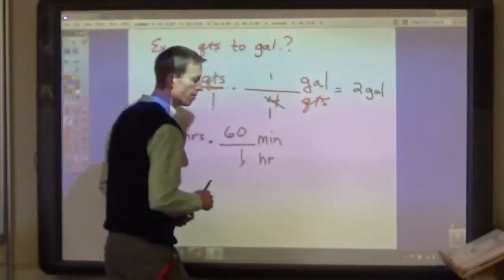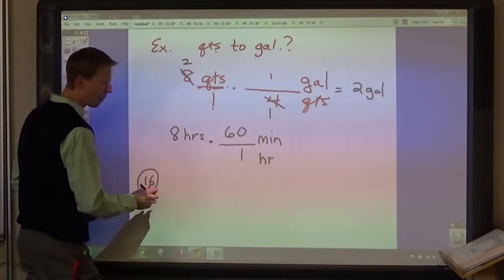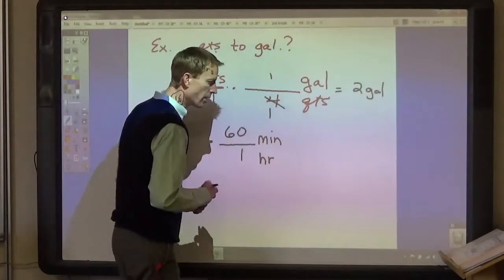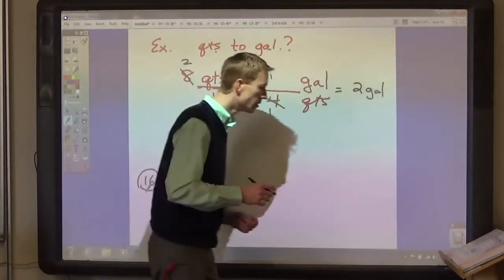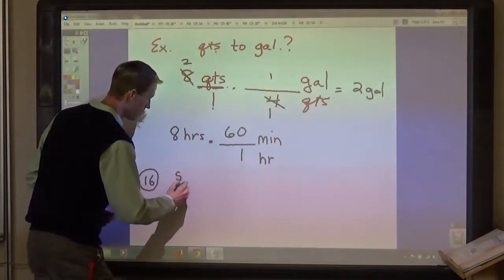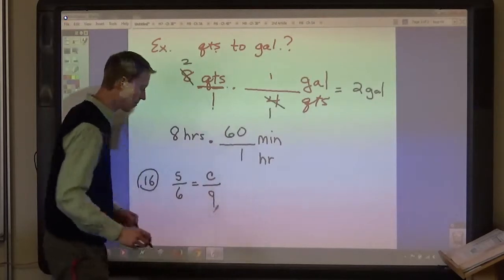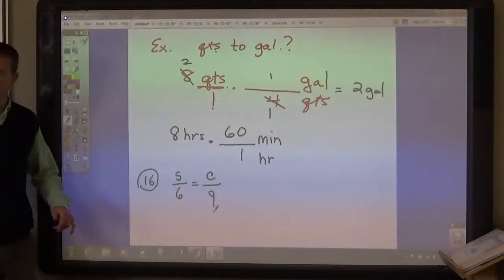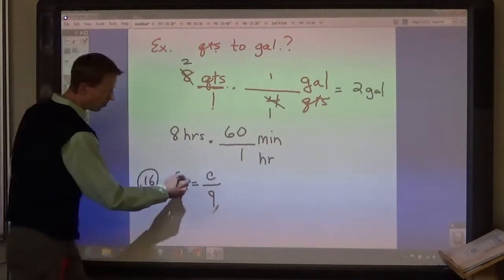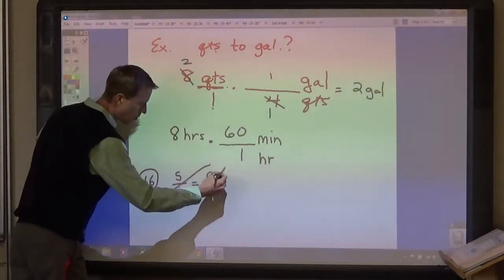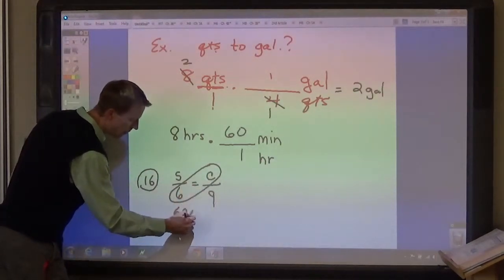What if you have one like number 16 in your book? This one is a proportion and it just asks you to solve it. 5/6 equals c over 9. They're looking for a true proportion, so we use the cross products. 6 times c is 6c.